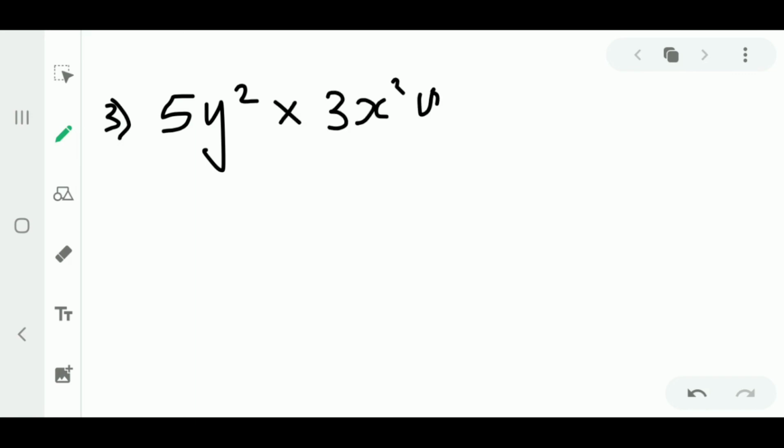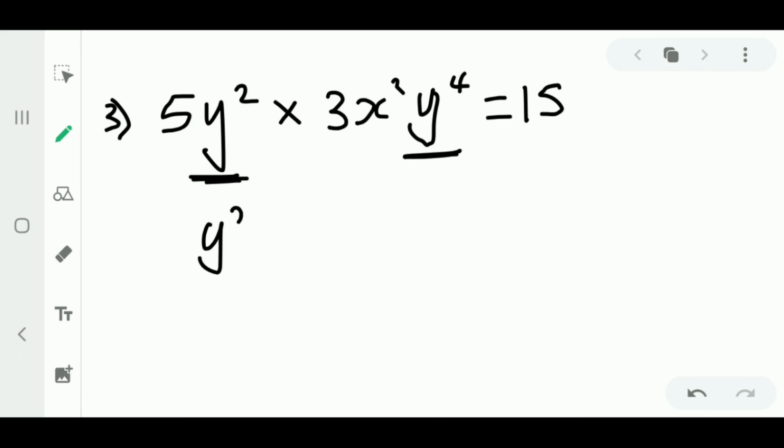Try some more. Let's say we have 5y squared times 3x squared y to the 4. So again, coefficients first. 5 times 3, that gives you 15. So realize that we have y squared and we have y to the 4.